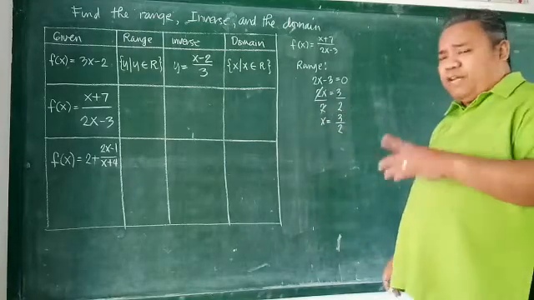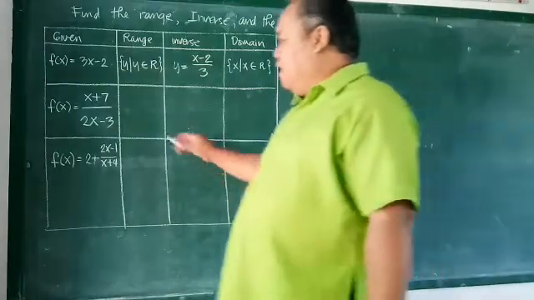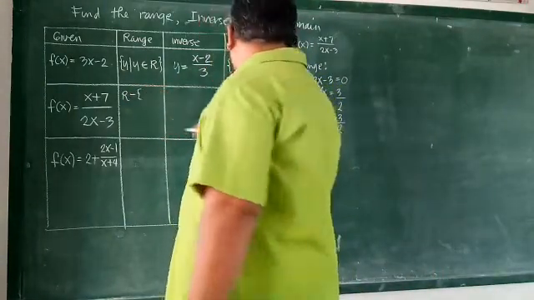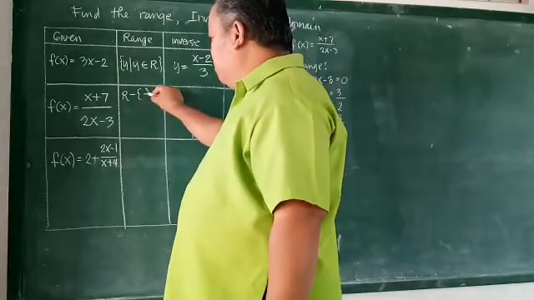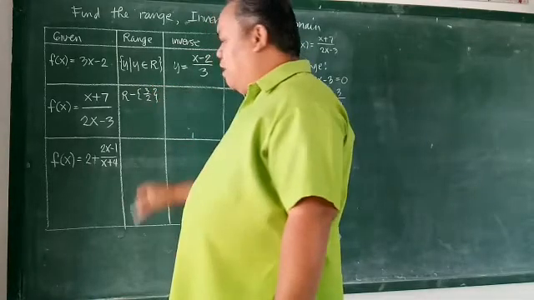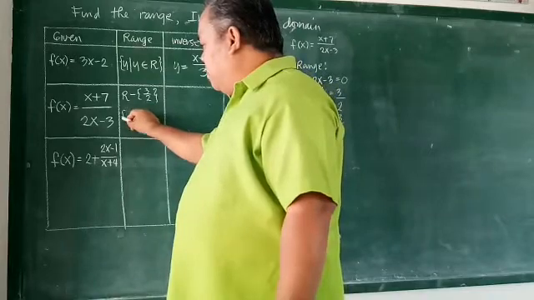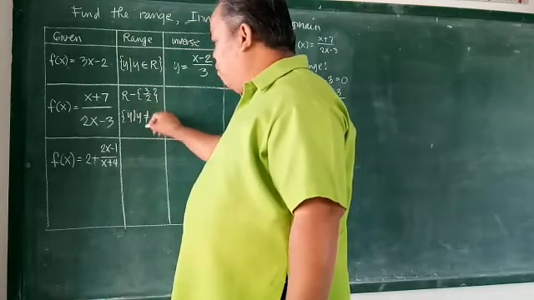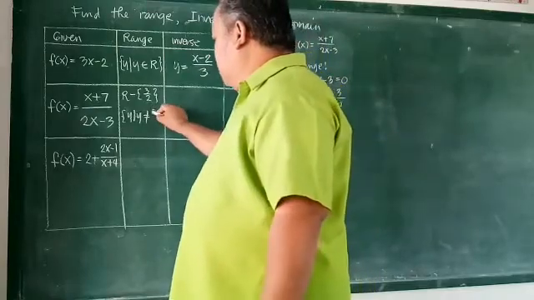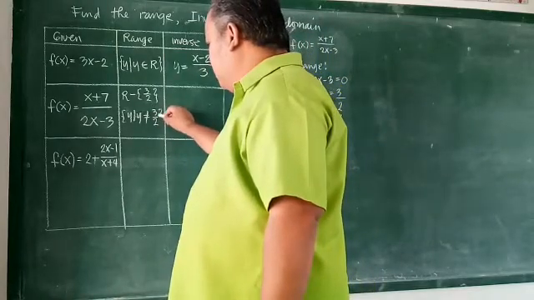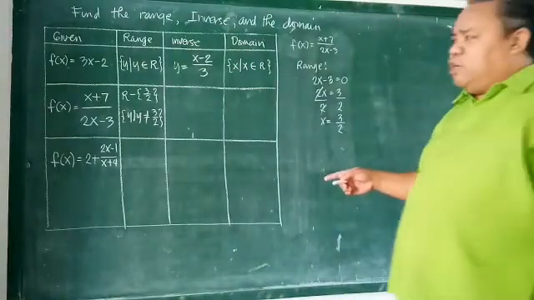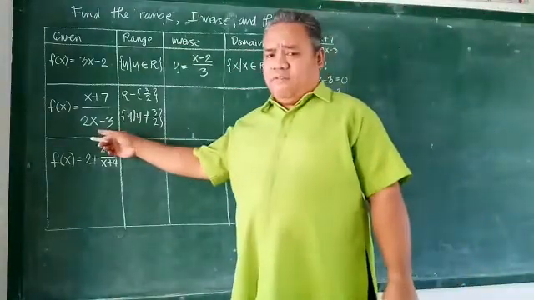How are you going to write it here? Normally, you're going to write y, such that y is a real number and y should not be equal to 3 over 2, because 3 over 2 can make your equation become undefined.